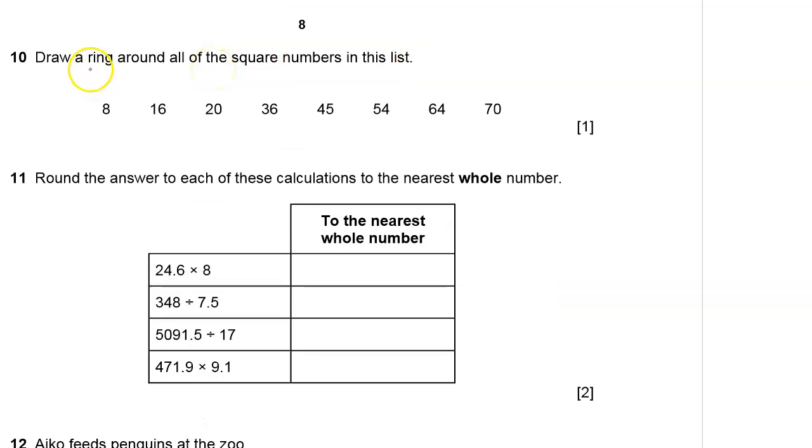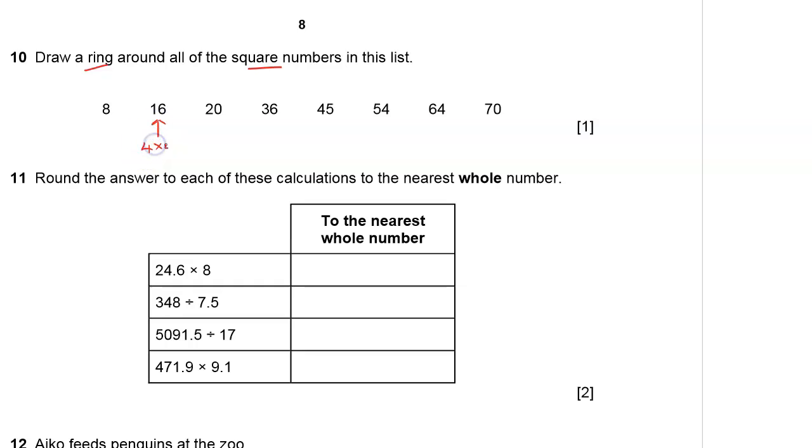Question number 10. Draw a ring around all the square numbers in this list. A square number is a number you get when you multiply a number by itself. 8 is not a square number, but 16 is a square number.